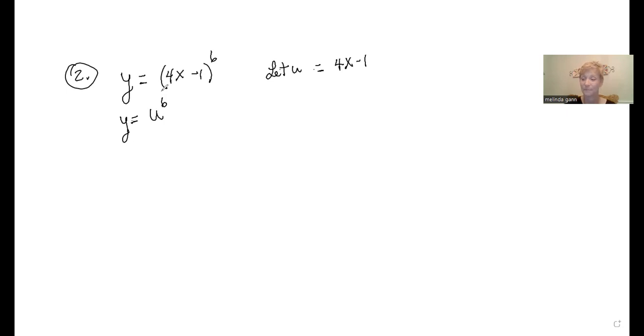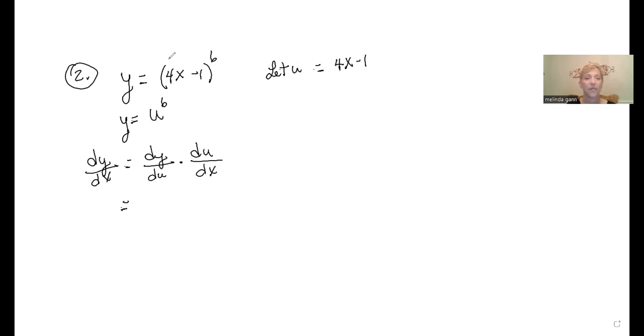I know what to do with that. So then I use that chain rule, dy/dx is dy/du times du/dx. All right, and just like before, I go looking for which equation has y's and u's.